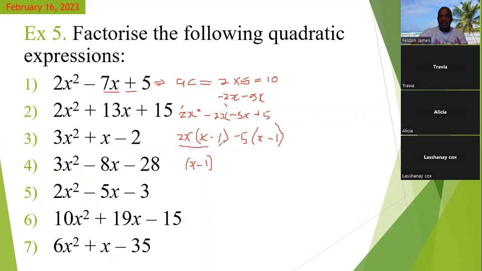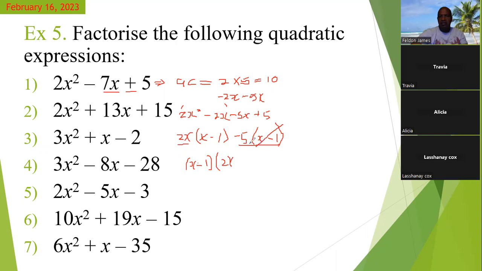Now we divide each term by the x minus 1. So the x minus 1 would cancel with this x minus 1 here. And so all that would remain is just this 2x. So we're going to put that 2x in this bracket here. And then now we do the same for this term. We divide it by x minus 1.